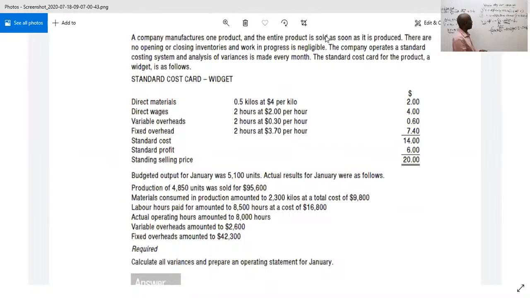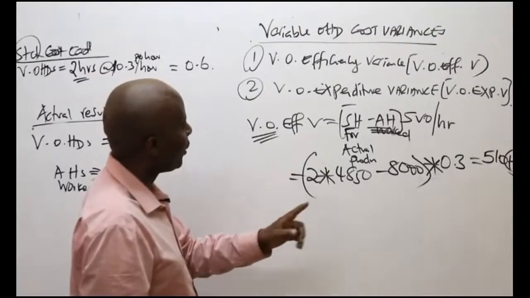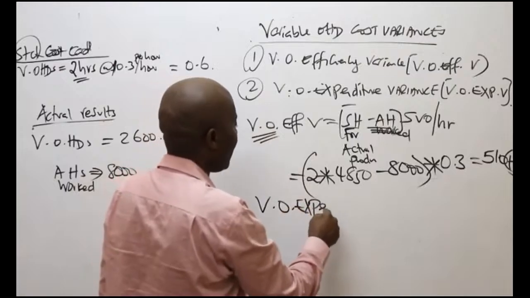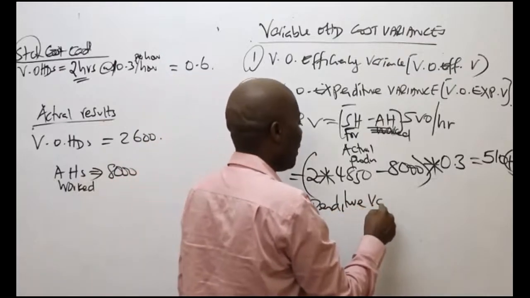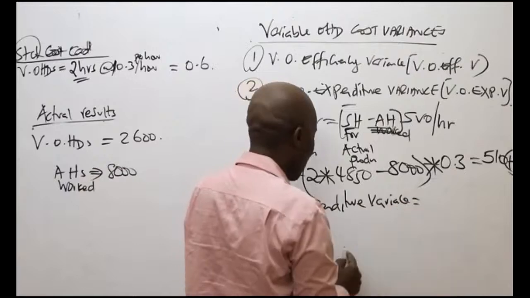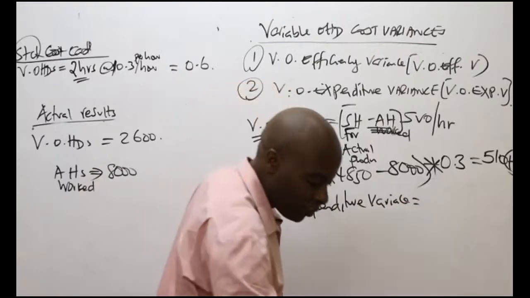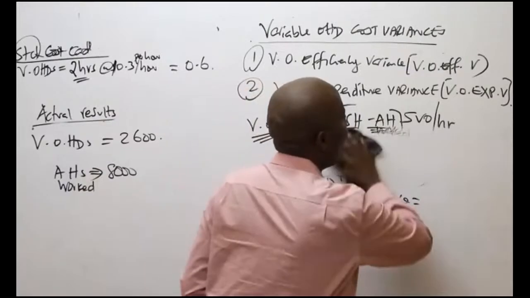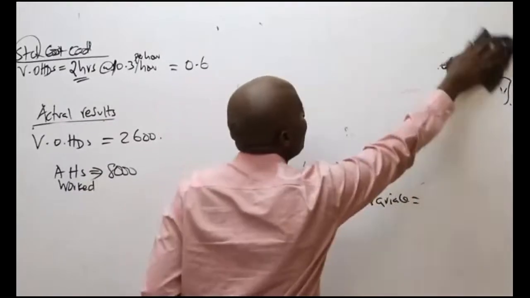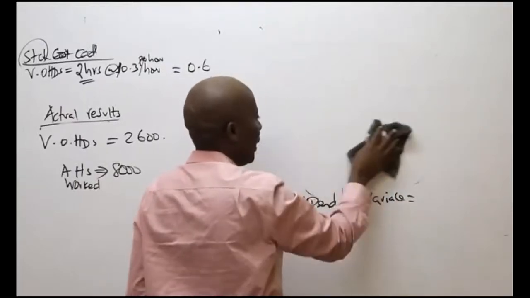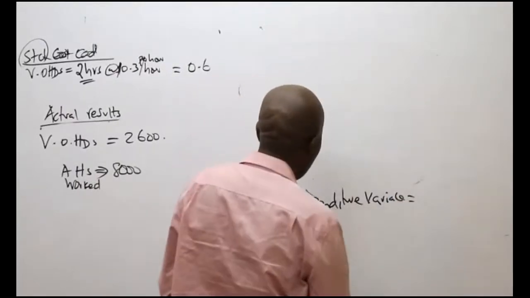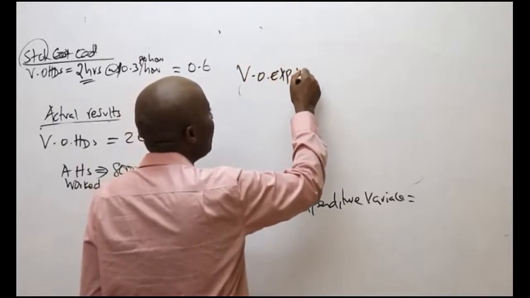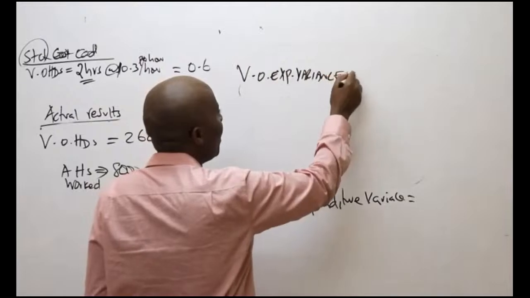So here we are, ladies and gentlemen, variable overhead efficiency variance. Thank you very much. So you go to the next one called variable overhead expenditure variance. What do we have here? I love this because this formula has got a certain fruit that I really love.